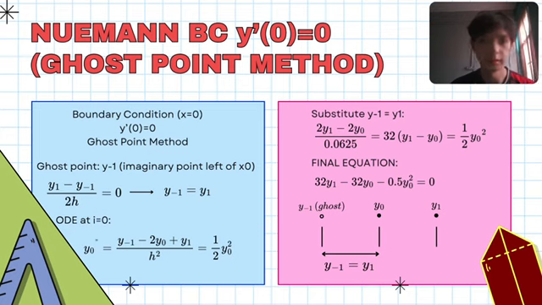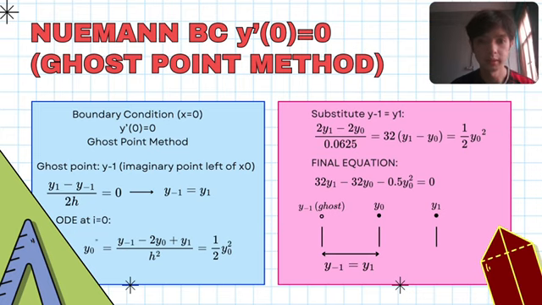Now we write the ODE at the boundary, i equal to 0. So y0 double prime equal to y negative 1 minus 2 y0 plus y1 over h squared equal to 1 over 2 y0 squared. Then we substitute y negative 1 equal to y1.